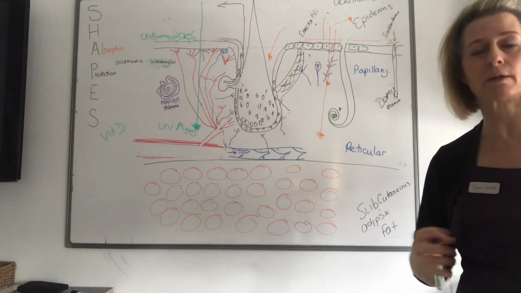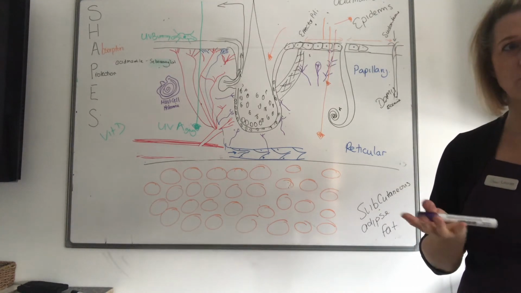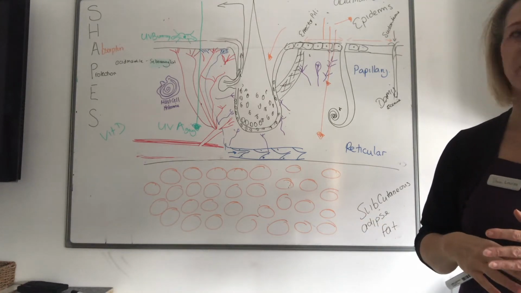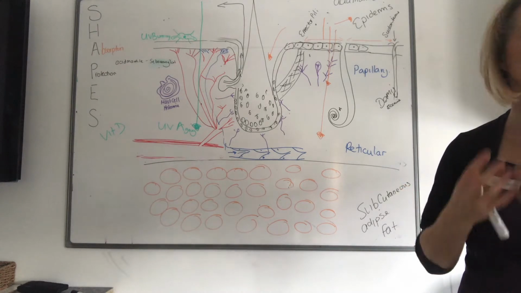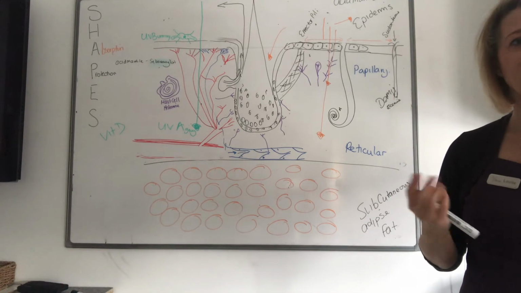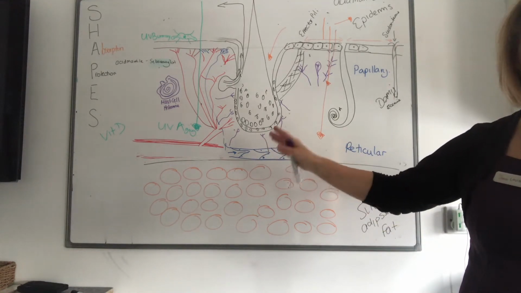The histamine will cause swelling, because the swelling is caused by the lymphatic system. The lymphatic system has the white blood cells, and the lymphocytes, which have got all the antibodies that can solve the problem. And then you've got the nerve endings, which are highly irritated because of all this going on.